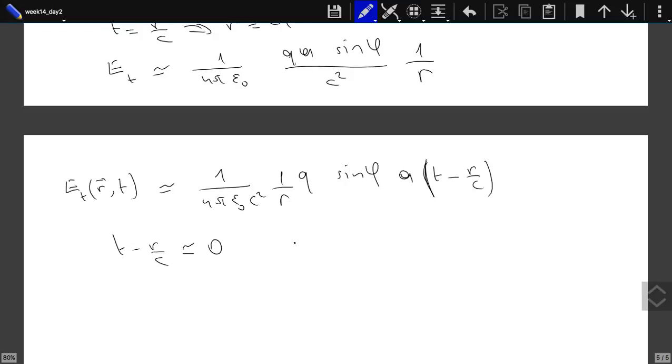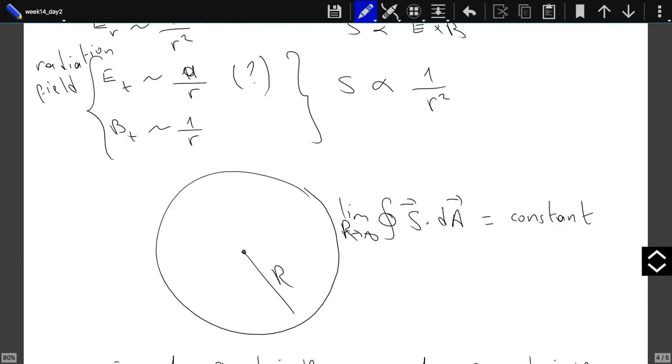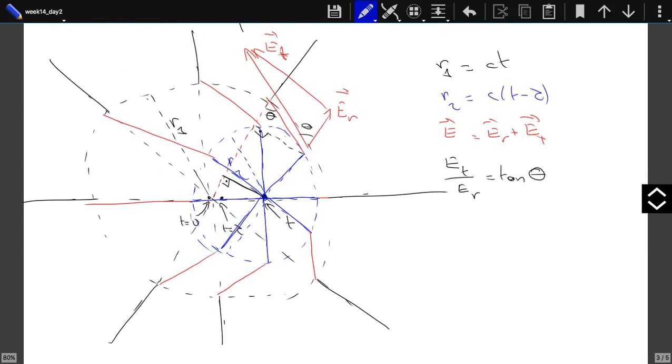Only if this condition is satisfied is the acceleration equal to a non-zero constant, and the tangential electric field non-zero. This is true for any point at any time. If you choose a point here, the tangential electric field is zero.